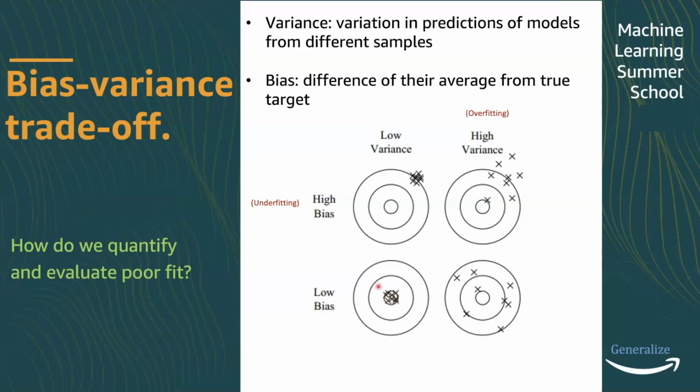These concentric circles that you see are the distance from ground truth. At the center of these circles is the truth, and these crosses that you see are the estimates from your 10 different models. And what you see at the left bottom is the best case scenario.